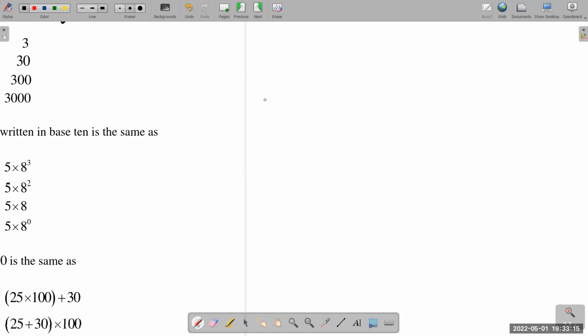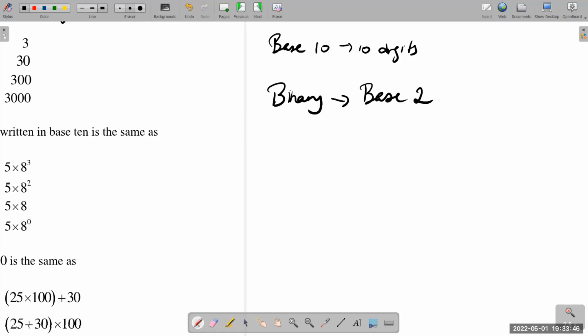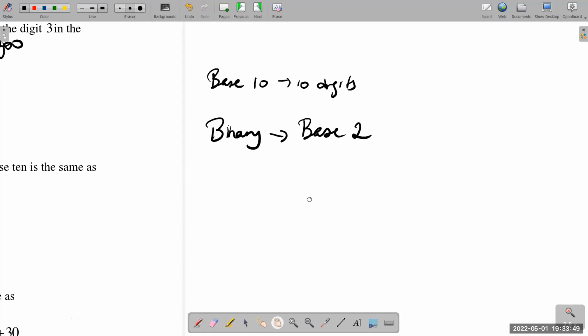The easier one that they always bring is the binary base. And if anybody knows, binary is base 2. How many digits in base 2? How many numbers in base 10? We use base 10, and we got 10 digits. What are the 10 digits in base 10 that we use?